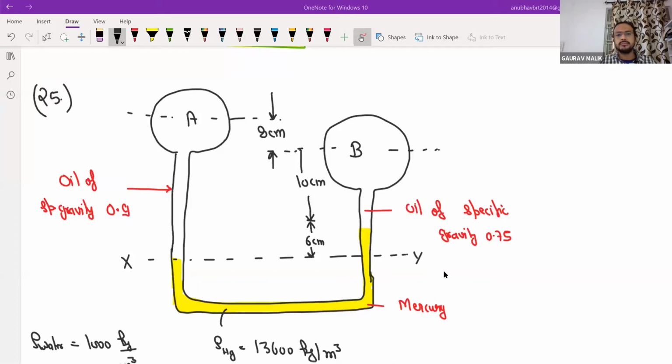Last 1 minute. You need to write the balance equation on x and y. 6.662 kilopascal, 7.21 kilopascal. Okay, remaining students.